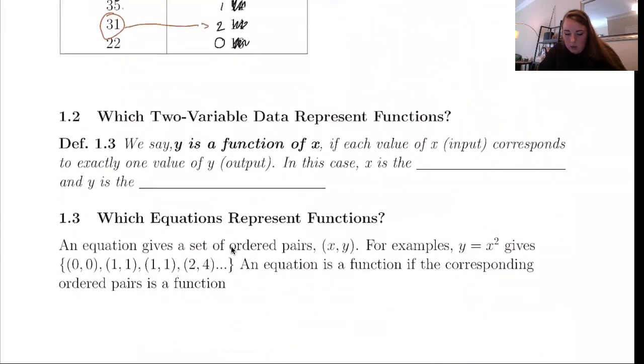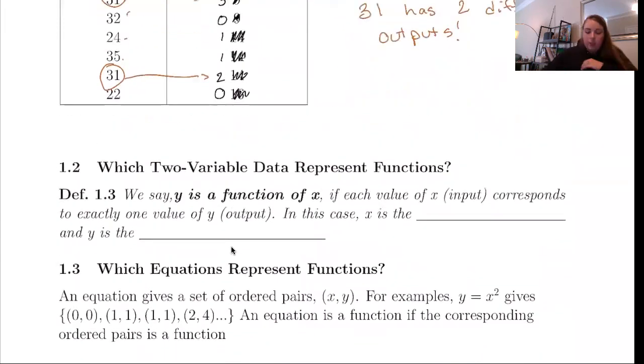So now the next section kind of harps back onto what we were talking about. How do I know which is on whose side on that equation? So we say, which 2 variable data represents functions? So we say y is a function of x if each x, that's usually our input, corresponds to exactly 1 y, our output.